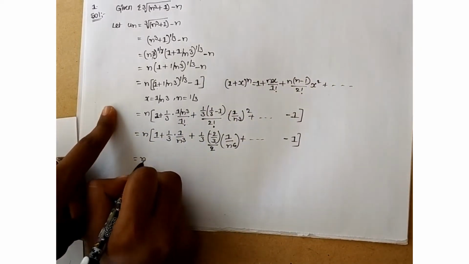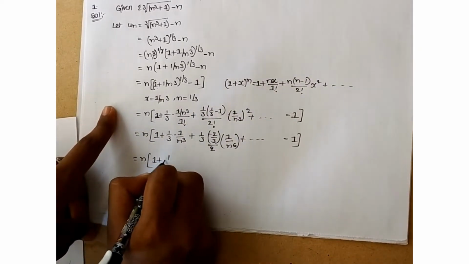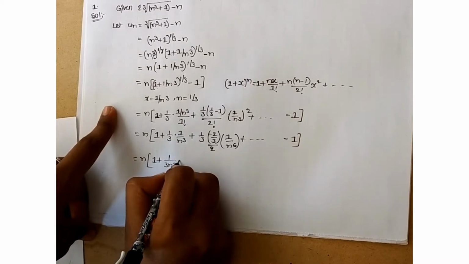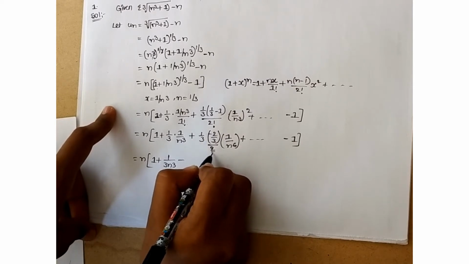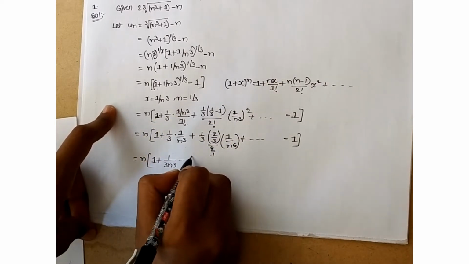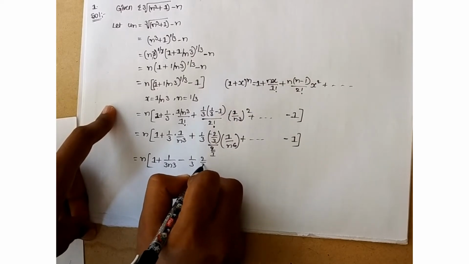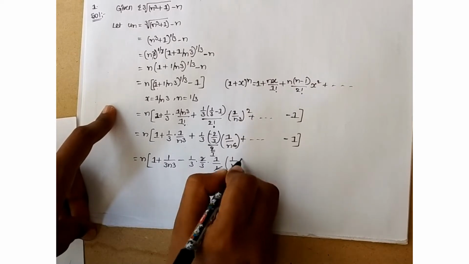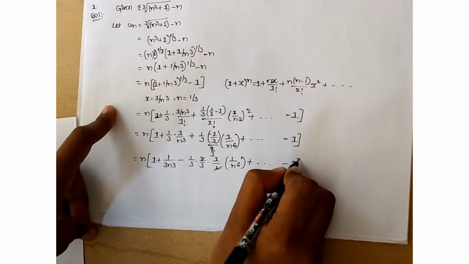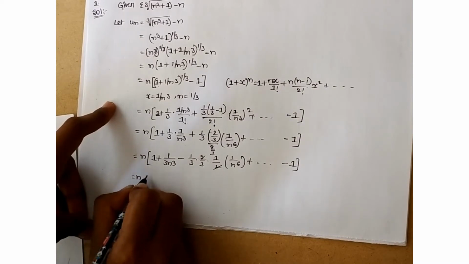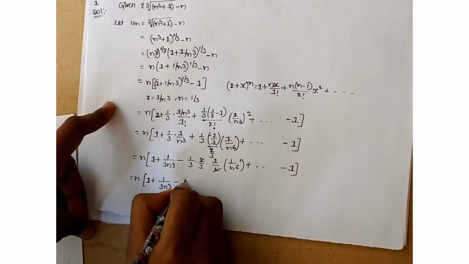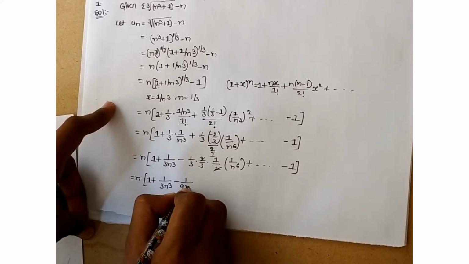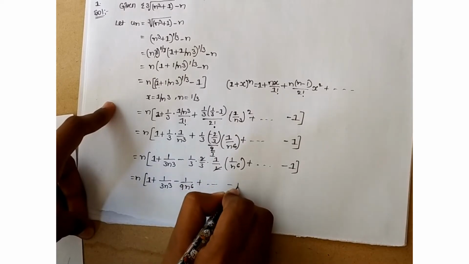Then n into 1 plus 1 by 3n cube; minus into minus gives plus. Taking the reverse, it comes as 2 by 3 into 1 by 2, the 2s cancel. There is 1 by n power 6 plus and so on. Here minus 1 is present. Then 1 plus 1 by 3n cube minus 1 by 9n power 6 plus and so on. Here minus 1 is present.